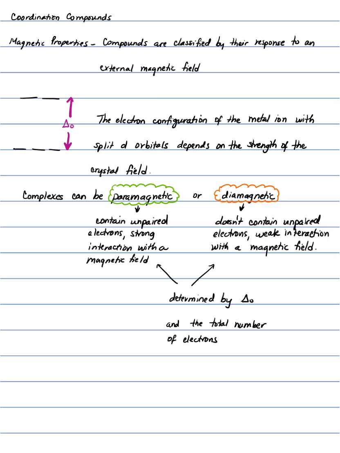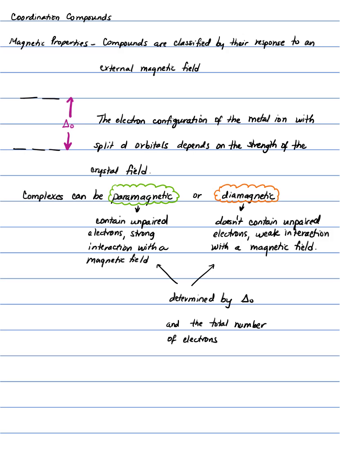For diamagnetic complex ions, they won't have any unpaired electrons. All of the electrons are going to be paired in the d orbitals. Since the electrons are paired, they will feel a weak attraction for a magnetic field.